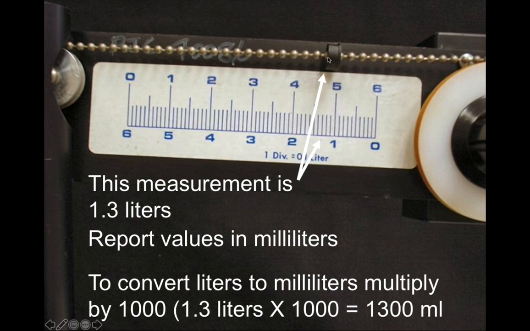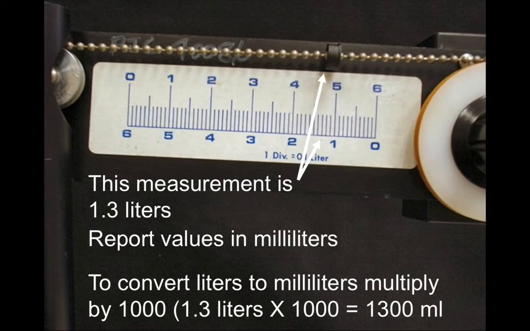But you can see that the edge of this gauge is here just at about 1.3 liters. Therefore, since there are 1,000 milliliters in 1 liter, we take 1.3, multiply it by 1,000, and that gives us 1,300 milliliters.